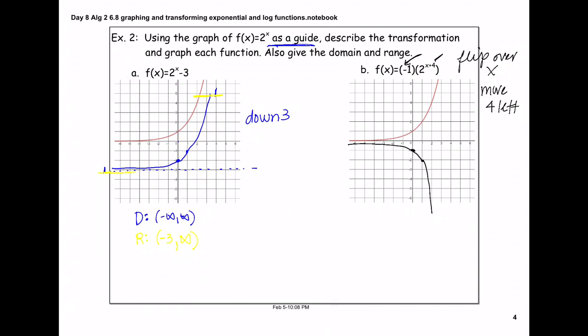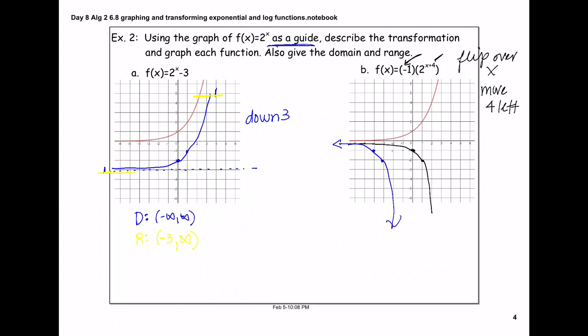So we then can transfer 1, 2, 3, 4 points to the left. And we can then draw our graph on our paper.